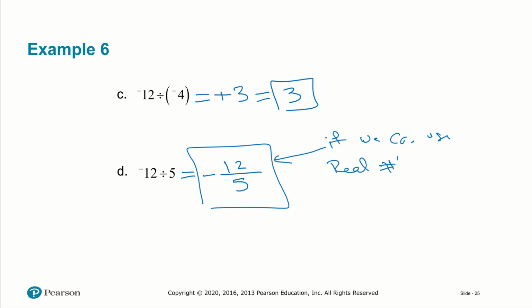Or even rational numbers. But if we're dividing over the set of integers, which is Z, or remember I, then this 12 divided by negative 5 is undefined.